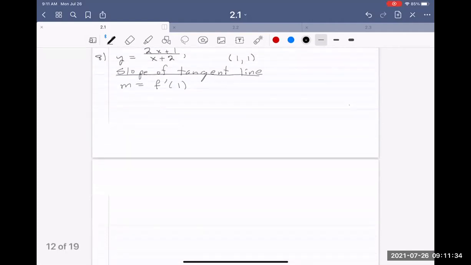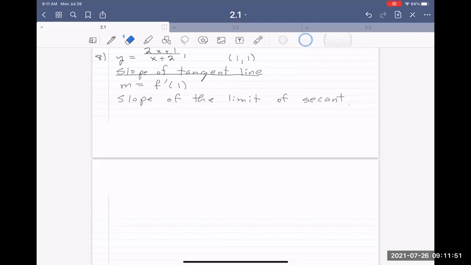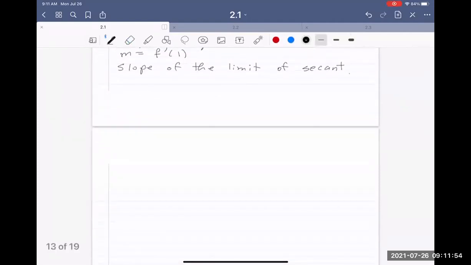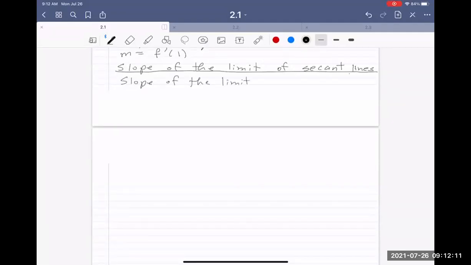So let's find the slope of the limit of difference quotients.